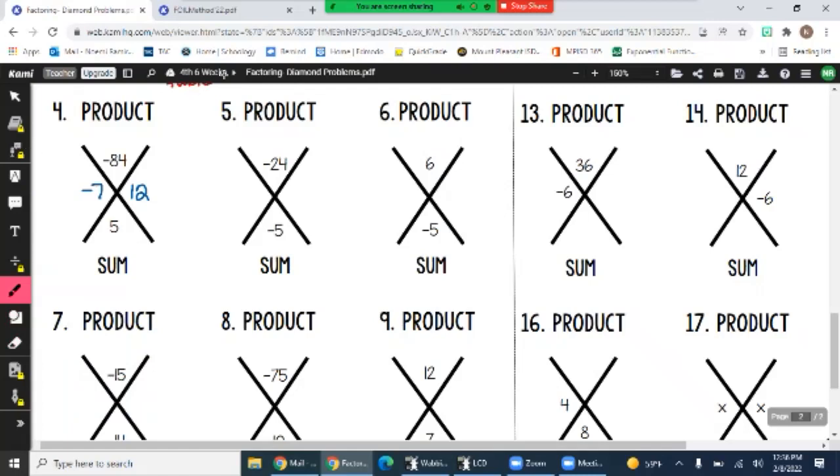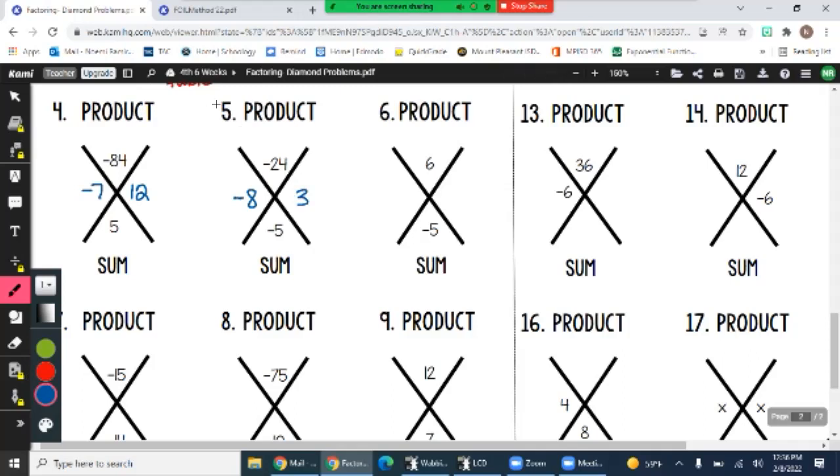Anybody else got it? I got it. What is it? Ooh. Thank you. Negative 8 times 3 is negative 24. Negative 8 plus 3 is negative 5. Double check yourself. You can also do that. Double check yourself.